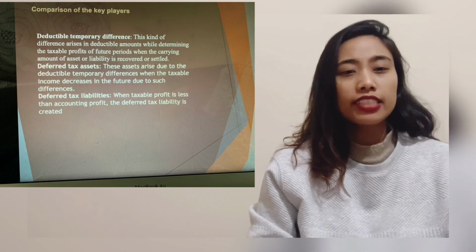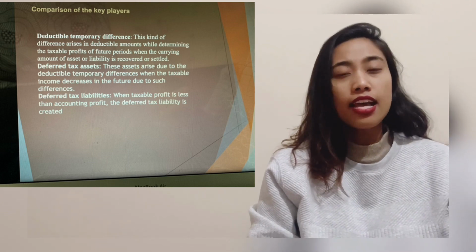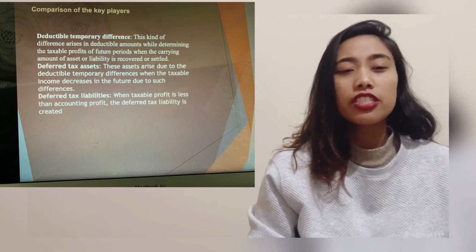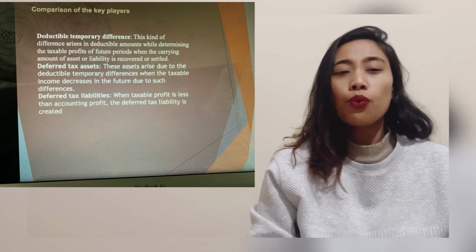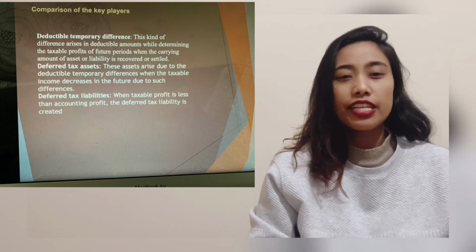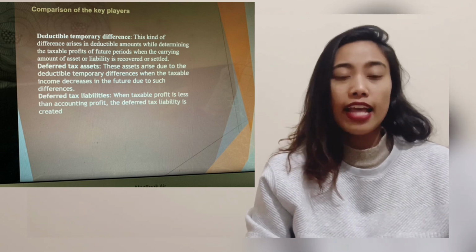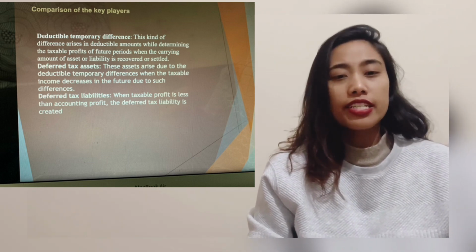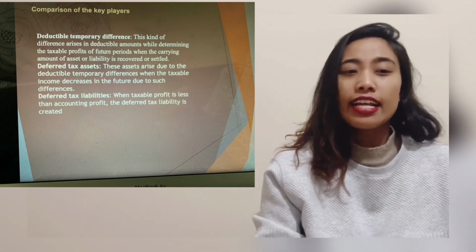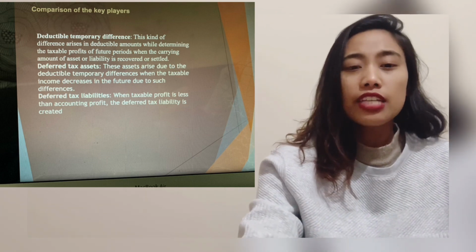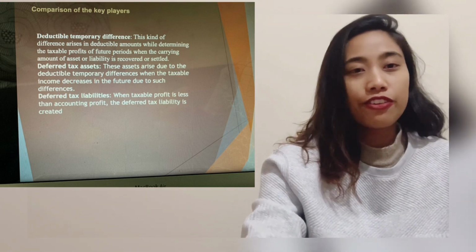And the deferred tax assets are those assets that arise due to the deductible temporary differences when the taxable income decreases in future due to such differences. The deferred tax liabilities are when the taxable profit is less than the accounting profit, the deferred tax liability is created.